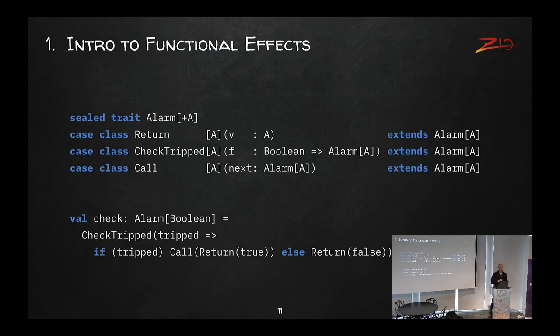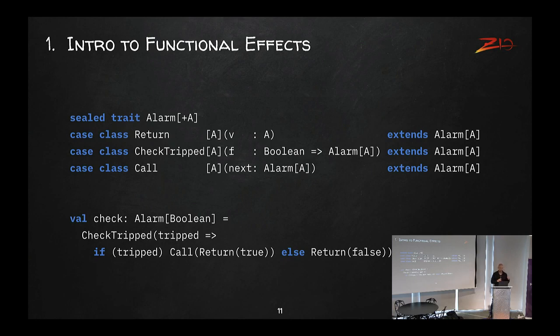And this alarm is going to be a sealed trait, so it's going to be an enumeration, a sum type, and it's going to have 3 different instructions in it. It's going to have a return instruction, which returns a value. It's going to have a check tripped instruction, which allows us to look and see if the sensor has been tripped, and to choose to return different alarms in the case that it's tripped or not tripped.